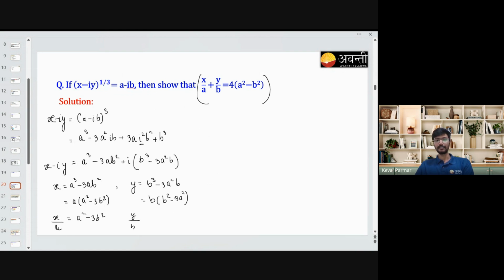Similarly here y by b will be equal to b square minus 3a square. Now we want x upon a plus y upon b. That means we'll add these two equations. So if we try to add these equations, what do we have? We'll have x upon a plus y upon b is equal to, here, you can see, a square minus 3a square.